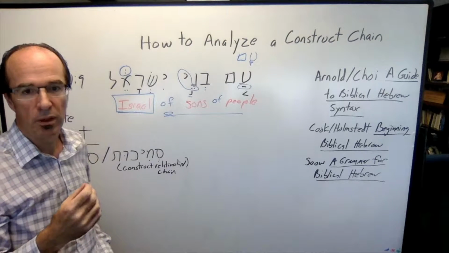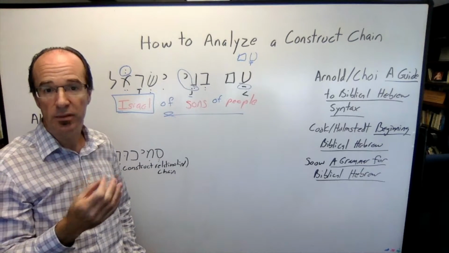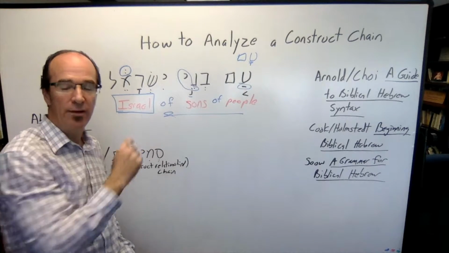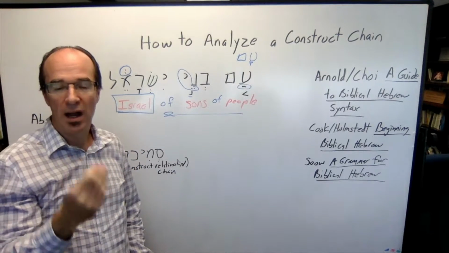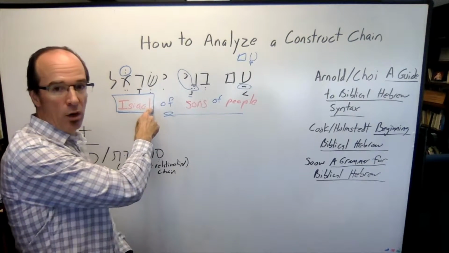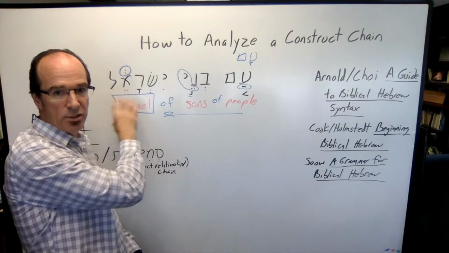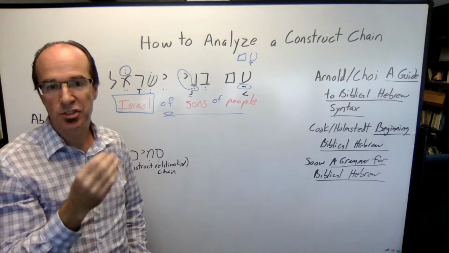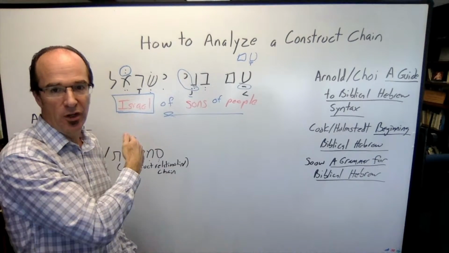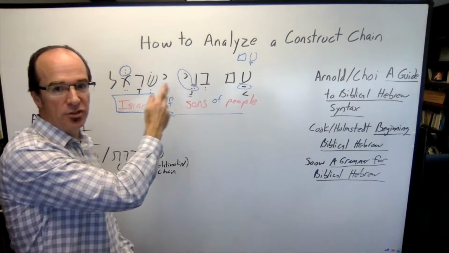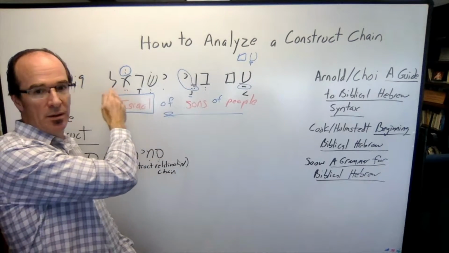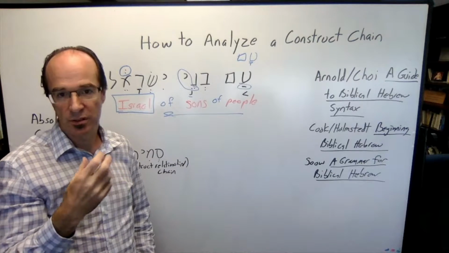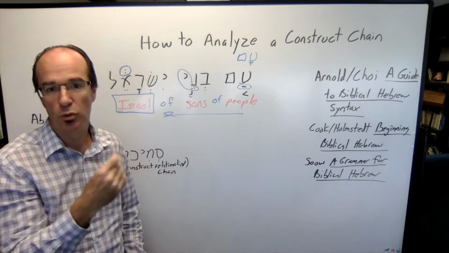To be a definite noun in Hebrew, you're either going to be a proper name, which we have here, or you'll have the definite article on the last word in the absolute form, or this word will have an attached suffix, like it could have been people of, sons of, my family, because it would have the suffix "my" attached to it and would be definite.